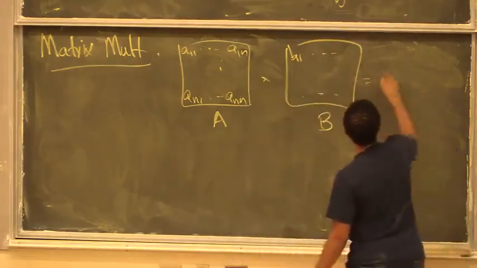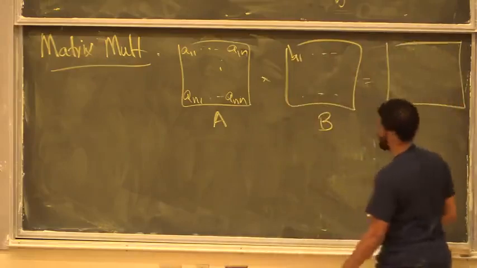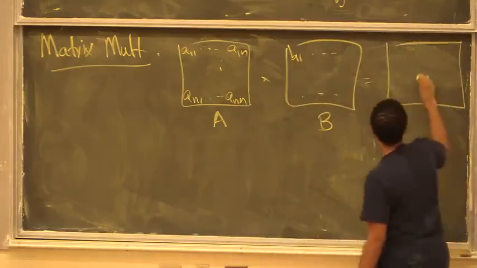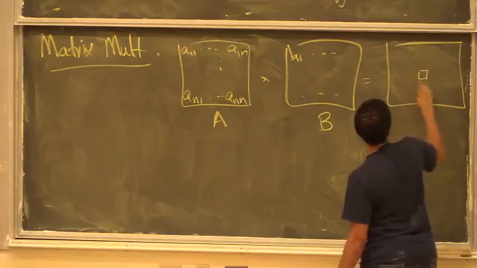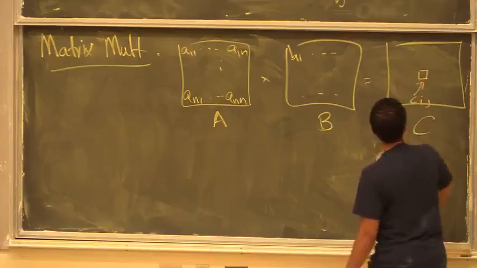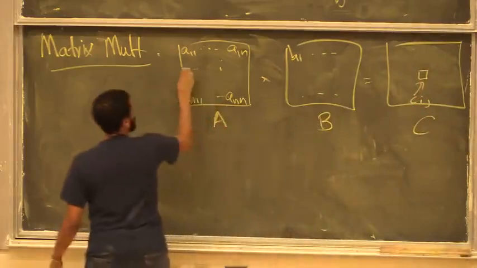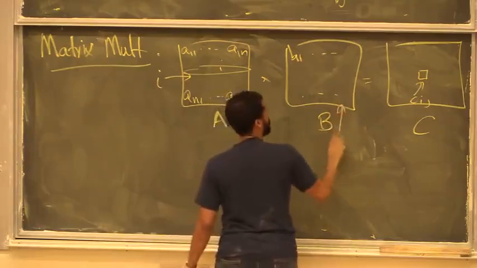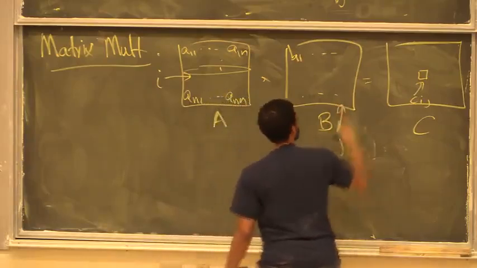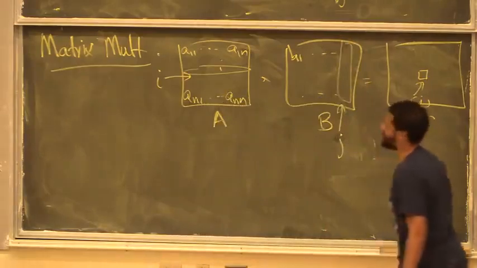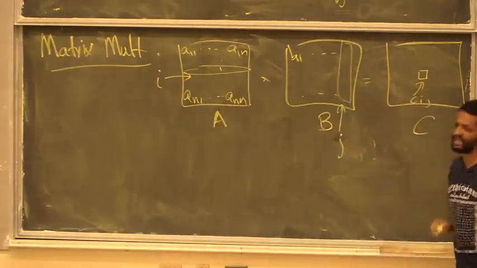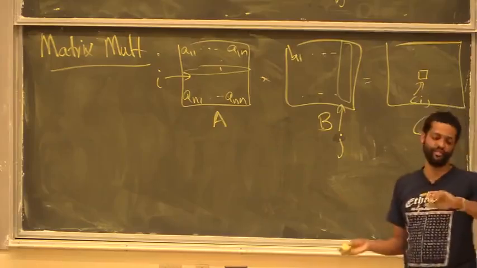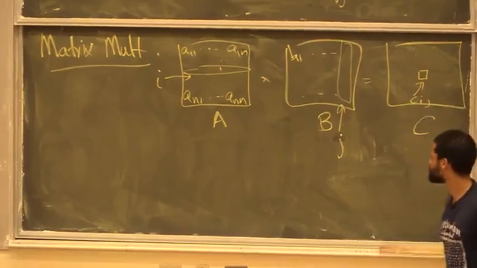And again, when you want the product matrix, it's again going to be n by n. And the way that you get the ijth entry, let's say this is Cij, is you take the ith row of A, you take the jth column of B, and you take the dot product. And that gives you Cij. That's the definition of matrix multiplication, right?